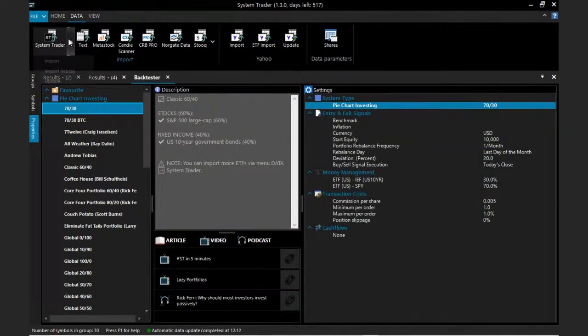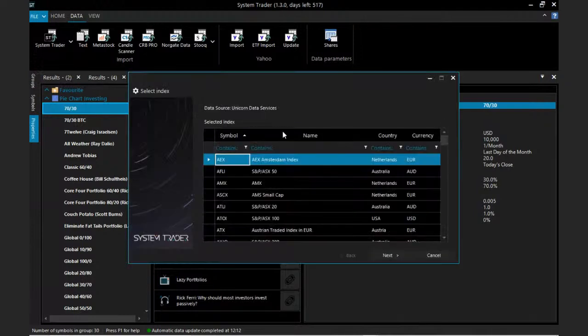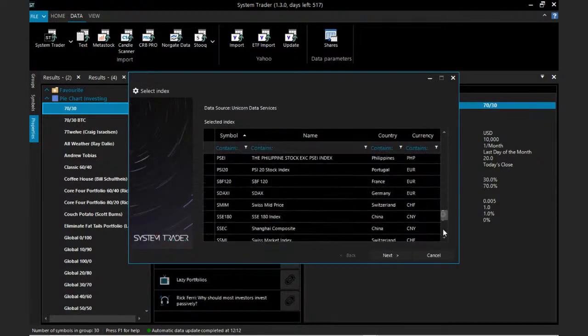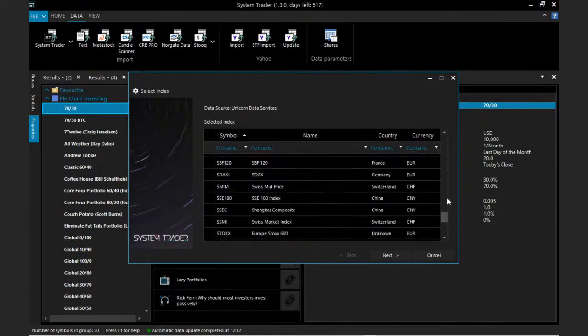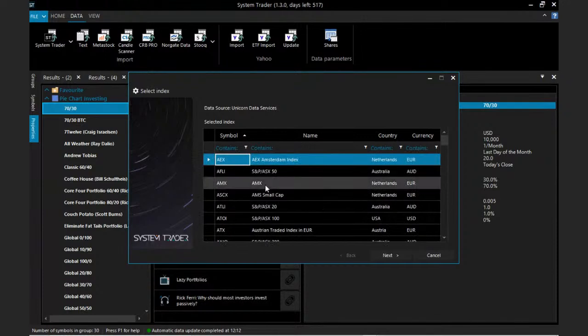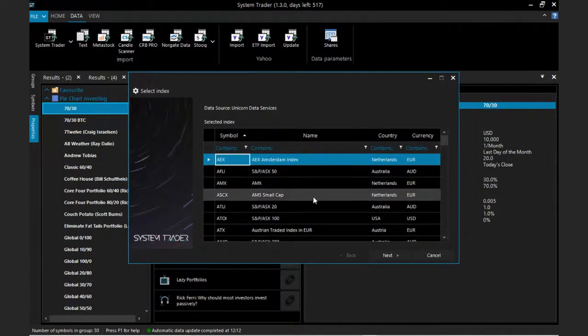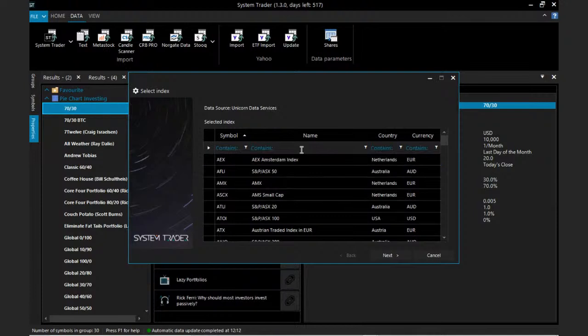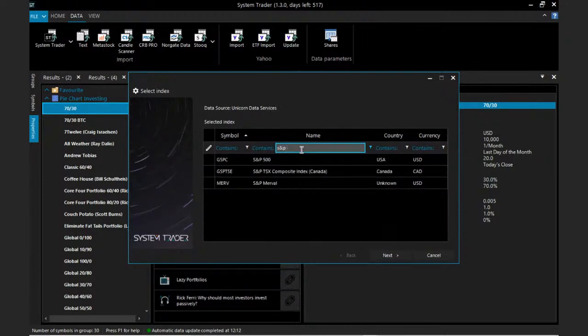By the way, if you'd like to import, let's say, all the stocks from a given index, currently I'm supporting around, I don't remember, around 60 or 70 indices. And let's say that you'd like to use the advanced equity momentum on S&P 500. So you just enter S&P 500 or ASX if you are from Australia.